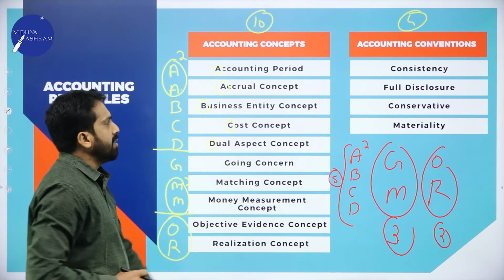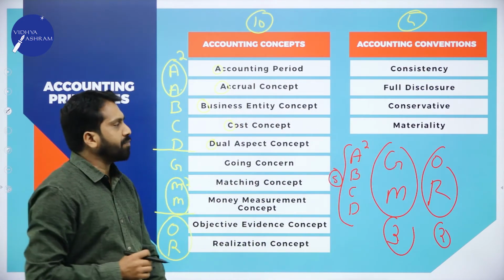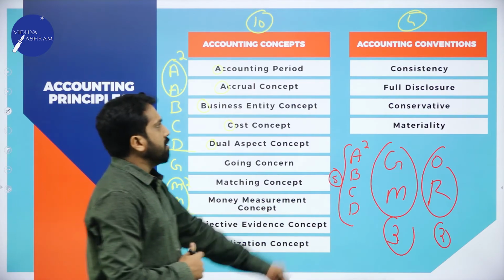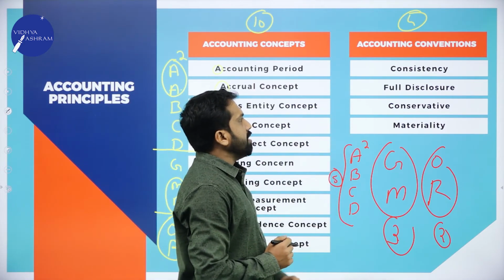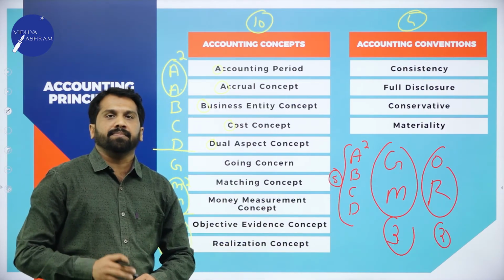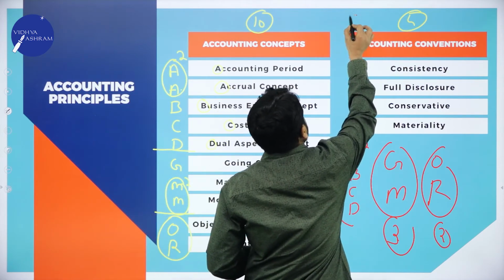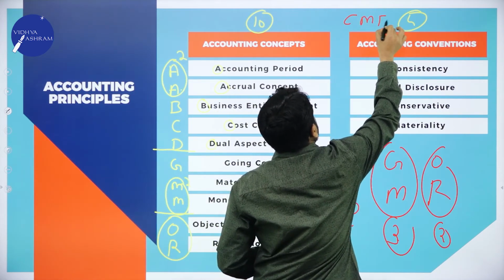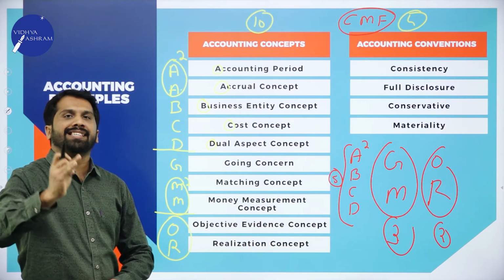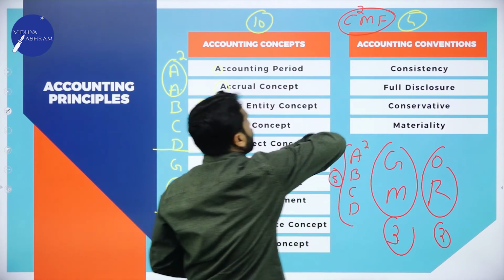Clear? Yes. Now the last thing is accounting conventions. How many conventions are there? There are a total of 4: consistency, full disclosure, conservatism, and materiality. Conventions are also easy to remember. The shortcut is CMF. What is the shortcut for conventions? CMF. C, remember, is always square.